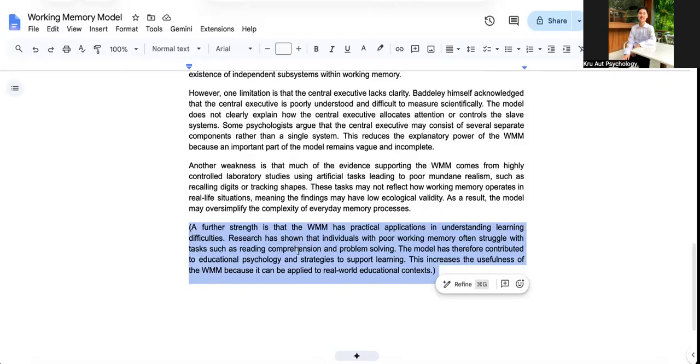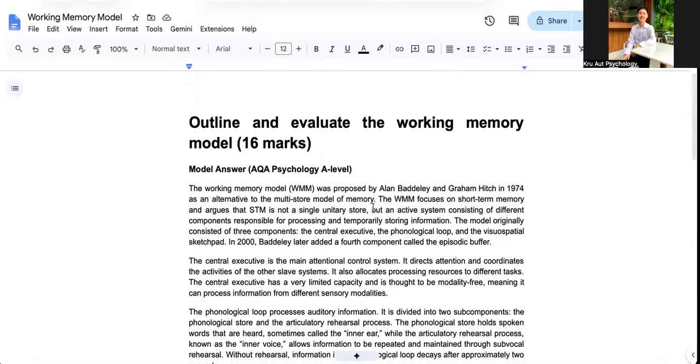It can be strengthened or lengthened as well. But I just want you guys to see a simple example of how to write something about practical applications. In other videos, depending on the topic, if there are not a lot of supporting studies to use, in some of them I use practical applications. But okay, this is pretty much it for the working memory model answer.